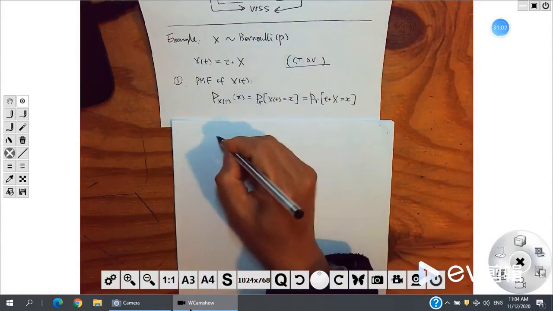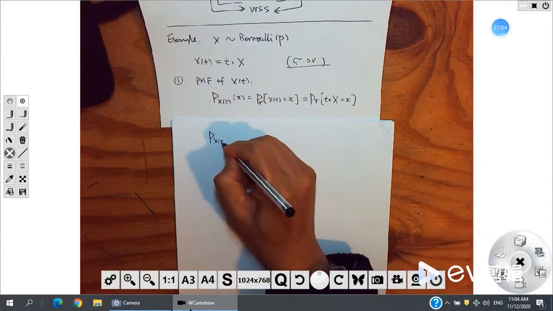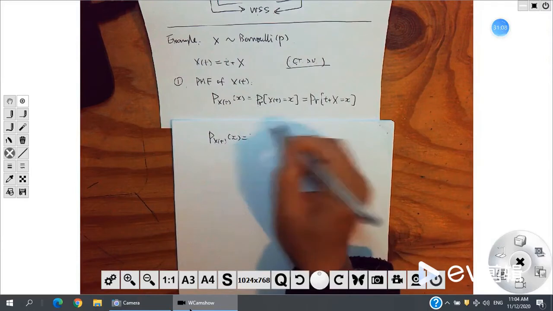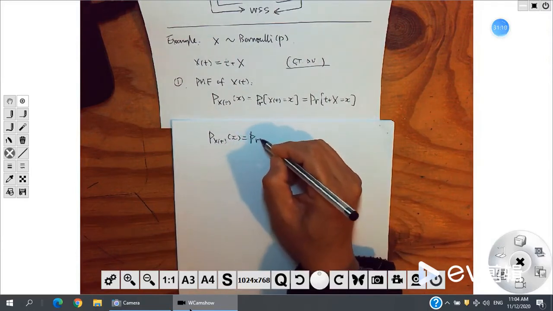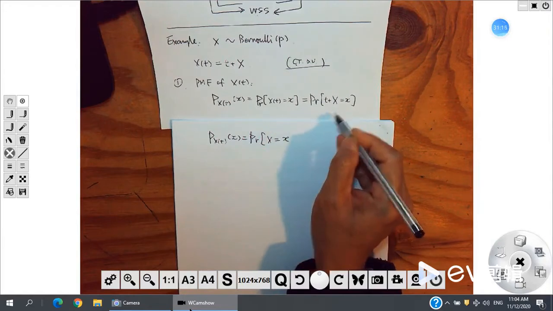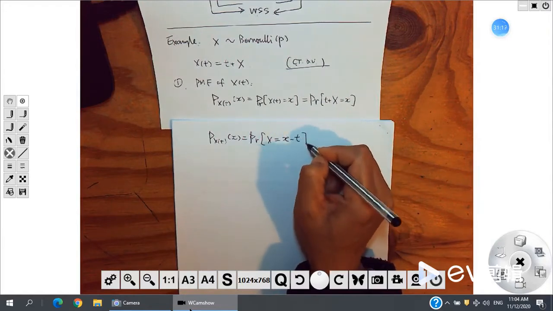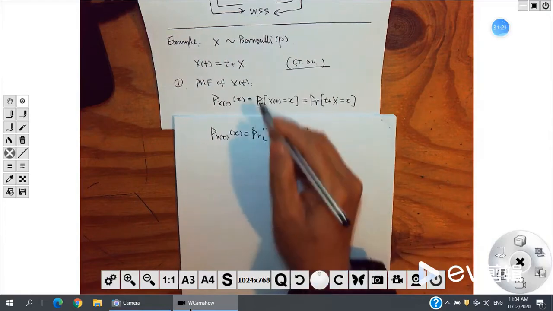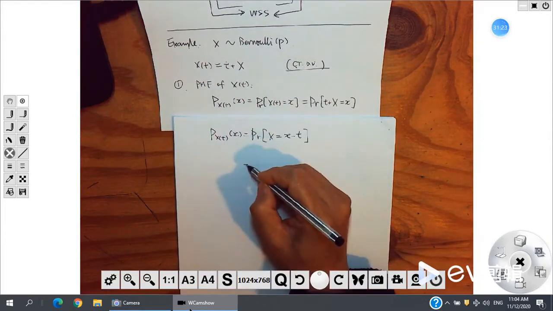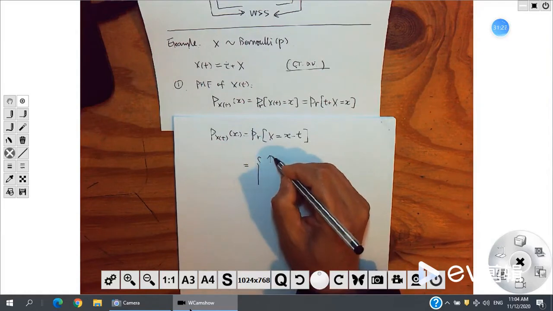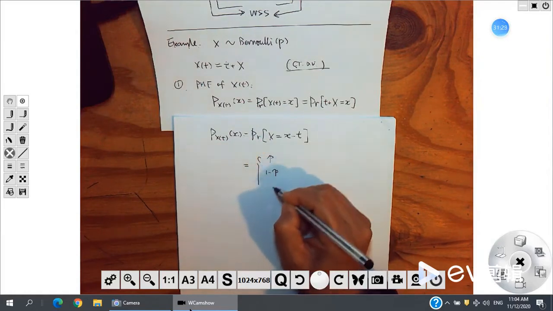So we have P_{X_t}(x) equal to the probability of X equal to lowercase x minus t. This one we know, because this is a Bernoulli distribution, so it has possible values. It will be p, or be 1 minus p, or be 0.